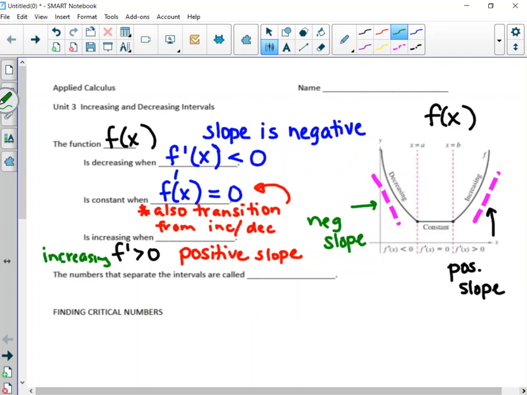The numbers where we transition from decreasing to increasing, or decreasing to constant, or constant to increasing, or increasing to decreasing, whatever the transition is, the separating numbers we can call either critical numbers, or some textbooks call them critical values.